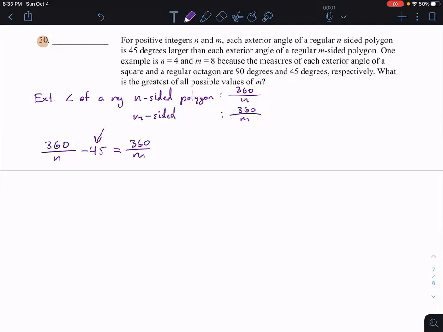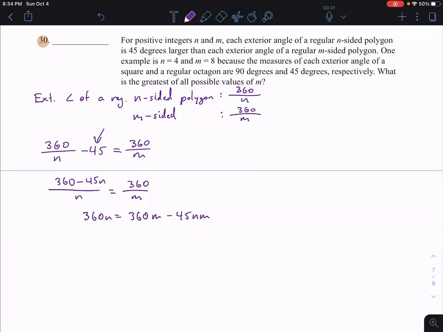So now we want to solve for m. Well, we only have one equation, so we can't find an actual value for m, but we're going to express m in terms of n. Let's set this equation up so that we can cross multiply everything. Now we can cross multiply: 360n is equal to 360m minus 45nm.